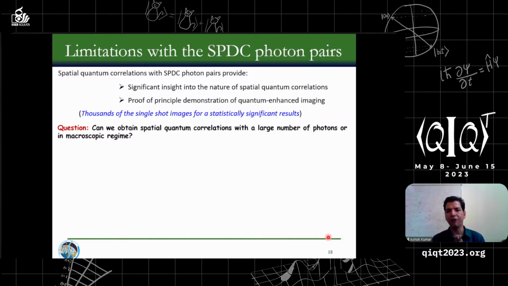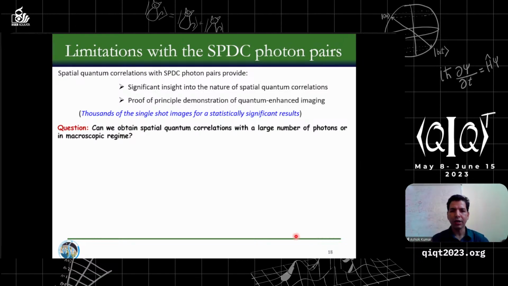Now, a natural question is, can we have spatial quantum correlation with a large number of photons, mainly in the macroscopic regime? By macroscopic regime, I mean where your beam is no longer in the single photon regime, where you need sophisticated single photon detectors.